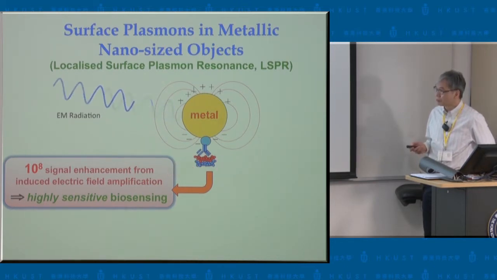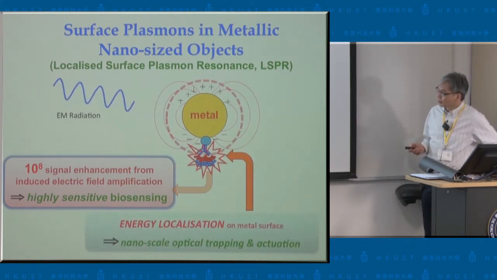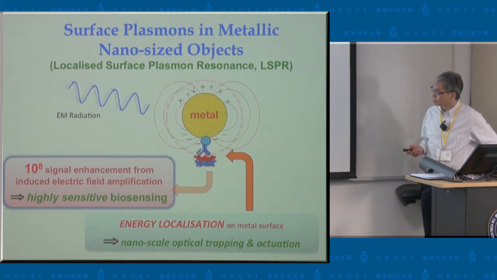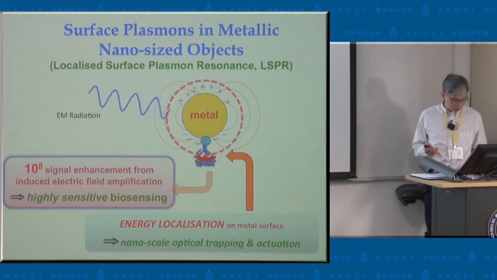Because it's within the vicinity of the nanoparticle, the localized enhanced field will interact with the captured target molecule and give you a strong signal. In that process, we can have highly sensitive biosensing. We can also do trapping because of the localization. There is a strong gradient field surrounding the metal object.